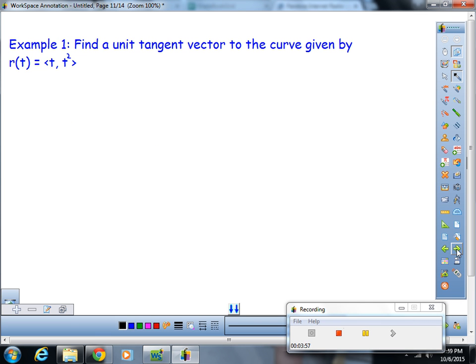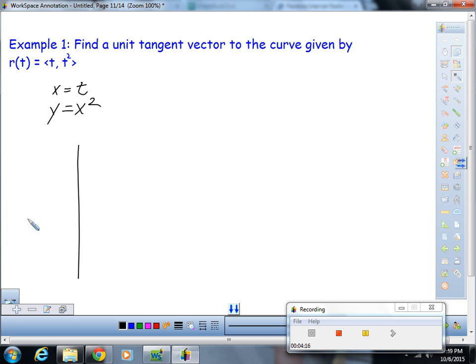Okay, so let's just do an example. Find a unit tangent vector of the curve given by this. Well, if you remember, if we let x equal t, then y equals x squared. Okay, and so this is a parabola, a normal parabola that has not been shifted or altered, and so the orientation is going to be left to right as t increases.